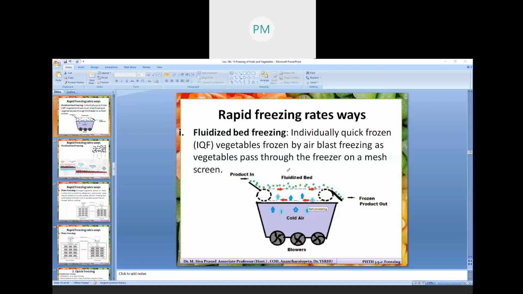So this is how IQF products, individually quick frozen vegetables, are frozen by using air blast freezing. This is one technique where the product is frozen individually.